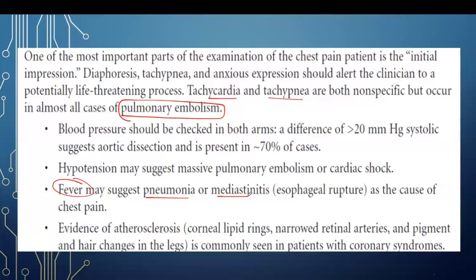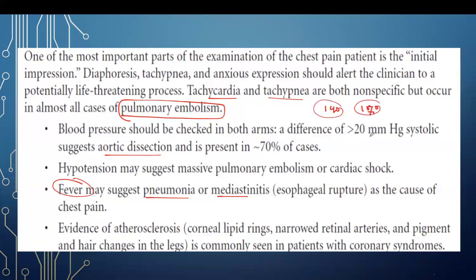If there is a huge difference of blood pressure in both arms and the patient has a severe retrosternal chest pain, it can indicate the possibility of an aortic dissection. So let's say that right arm systolic blood pressure is 140, whereas left arm systolic blood pressure is, let's say, 160 or 170.